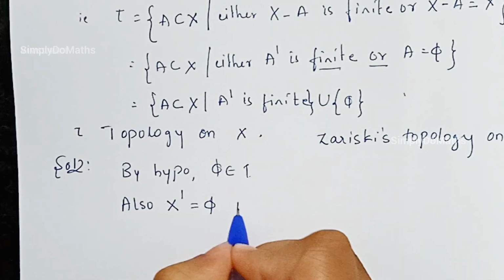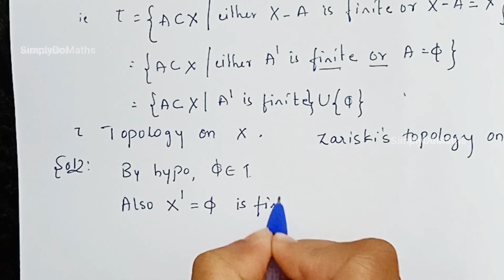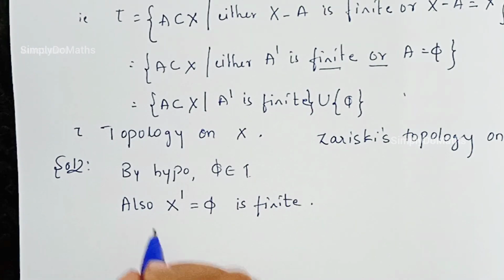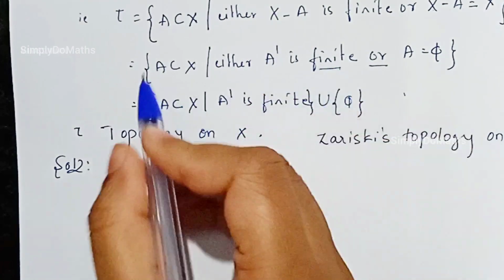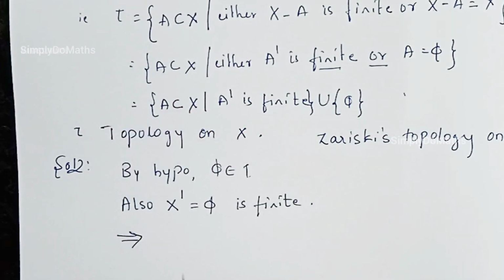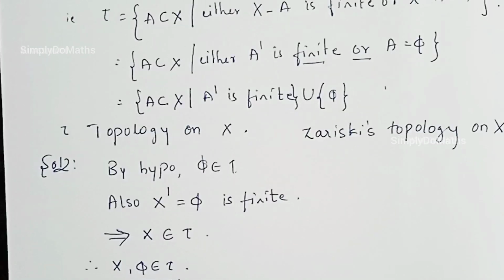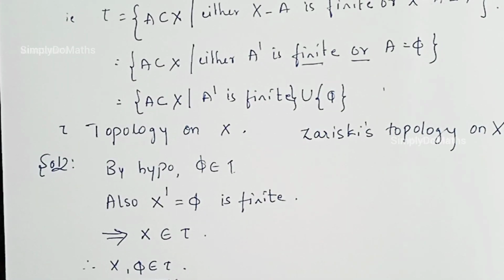X dash is finite, which implies here if A dash is finite, then A will be an element of tau. That implies X is also an element of tau. Therefore, from these two we can write X and empty belong to tau, which is the first property of topology. We have proved this.